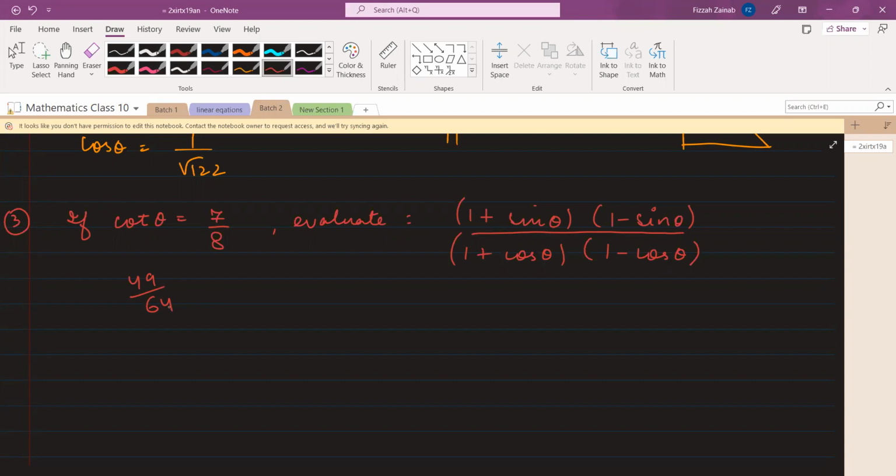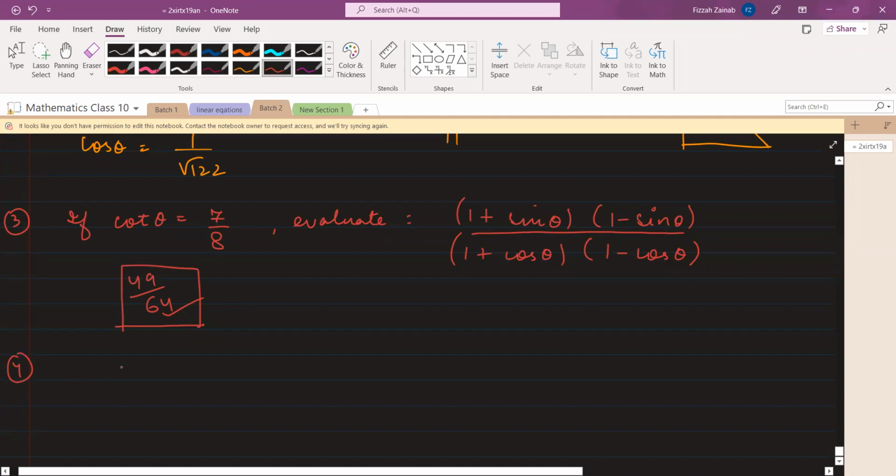Yes, Eman. Same 49/64. Okay, this is right. Harsha, have you got it? No, ma'am. So do you know how to do this question? Yes, ma'am. Okay. So anyway, just note it down. You can complete this. You should get 49/64.